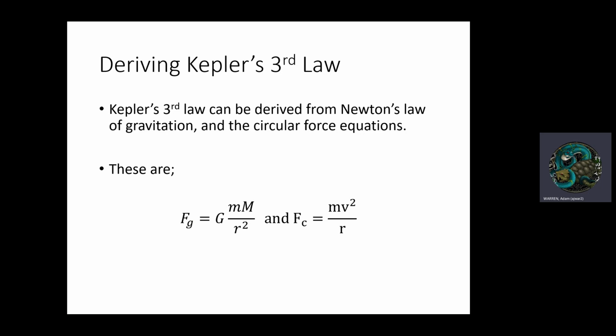Okay, and we can take this and then derive a better form of Kepler's third law in terms of actually using numbers instead. So let's have a go at that.